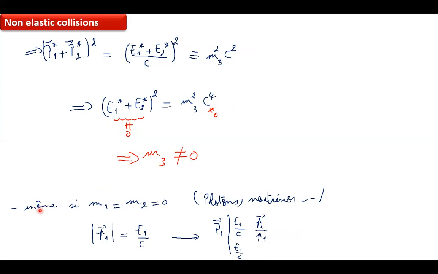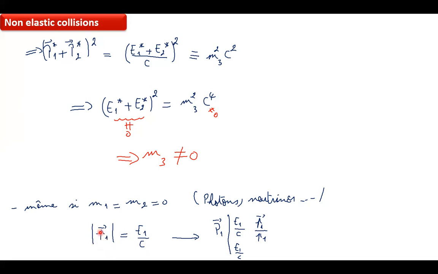And even if M1 is equal to M2 is equal to 0, so collisions between photons, neutrinos, any massless particles. So we repeat the same calculations, but here we are considering random directions, not along X, not along Y, any random directions.